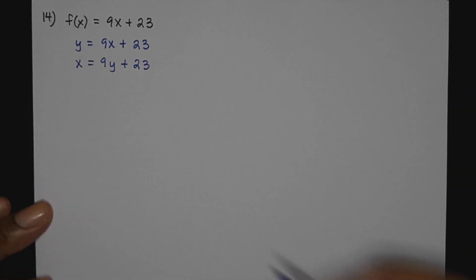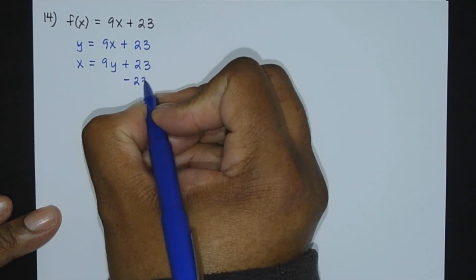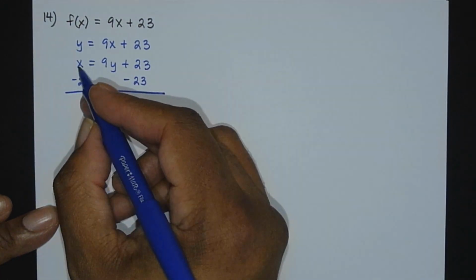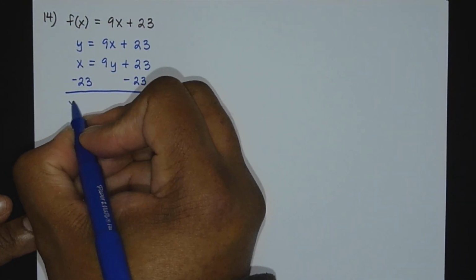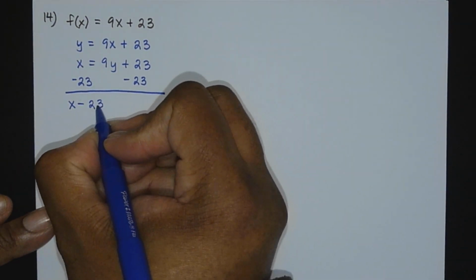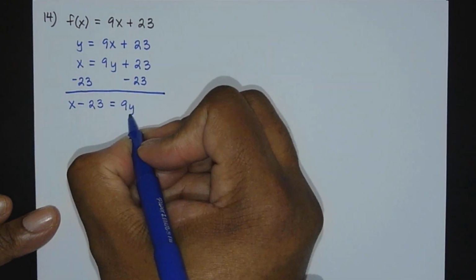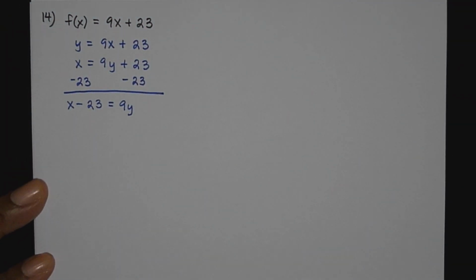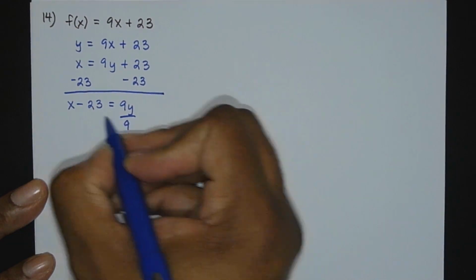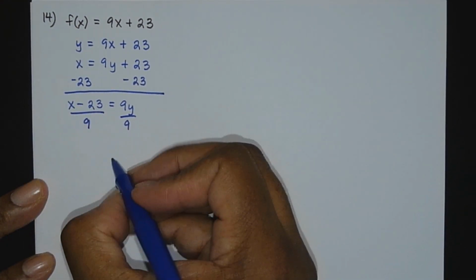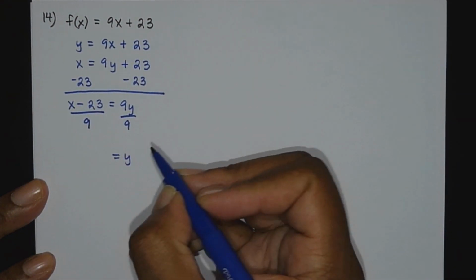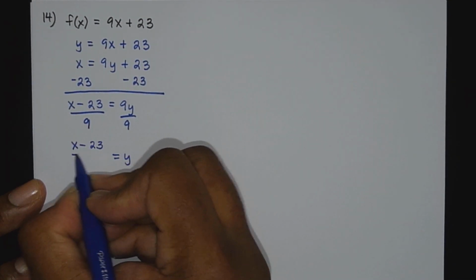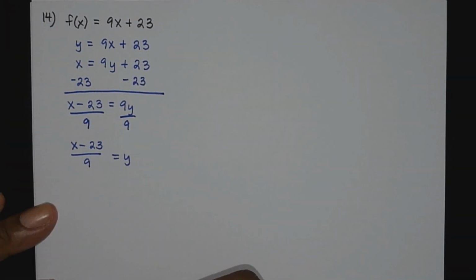Okay, we'll solve for y by subtracting 23 on both sides. Left side would just be x minus 23 is equal to 9y. And then to solve for y, we just divide both sides by 9. So that means y is equal to x minus 23 divided by 9.